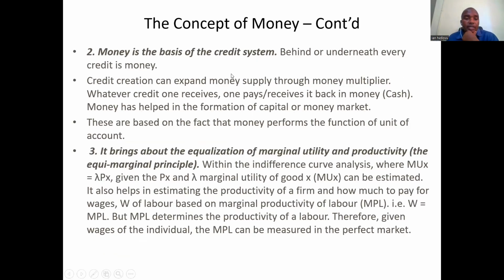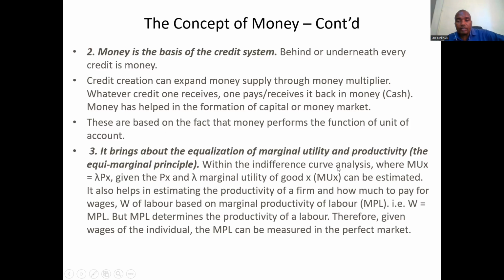Money is the basis of the credit system. People are able to give each other loans because of money. And then money also brings about the equalization of marginal utility and productivity in what is known as the Equi-Marginal Principle.